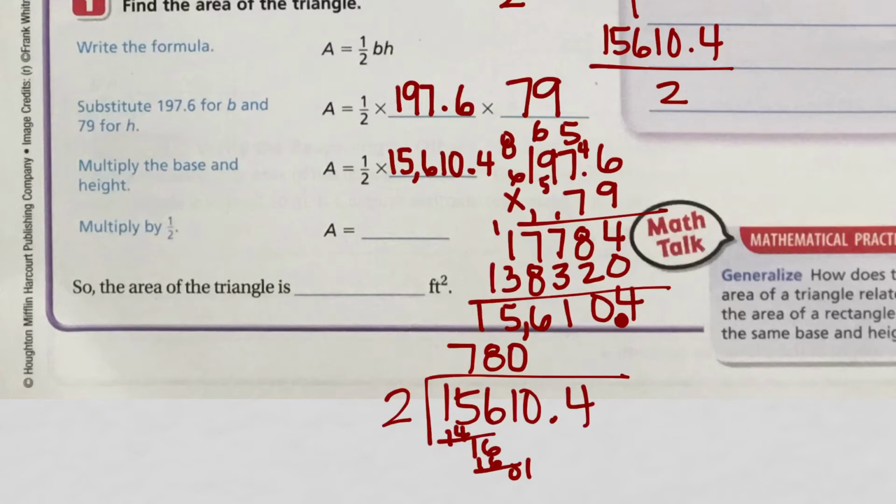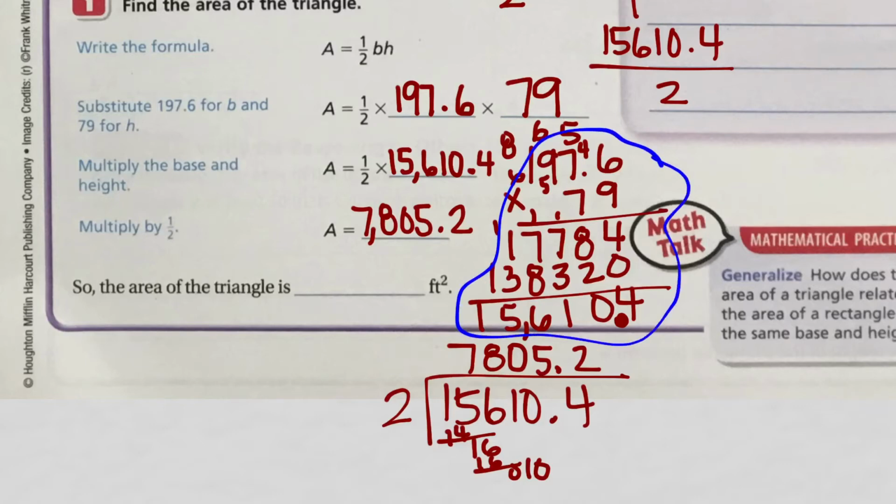Remember, I have to have a placeholder. Then I'm going to bring down a 10. 2 goes into 10 how many times? 5. Bring down a 0. Okay. And then 2 goes into 4 how many times? 2. So my area is 7,805.2.